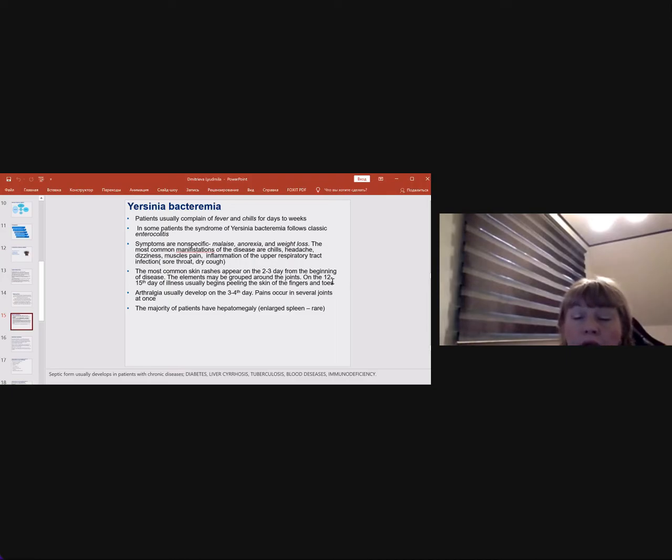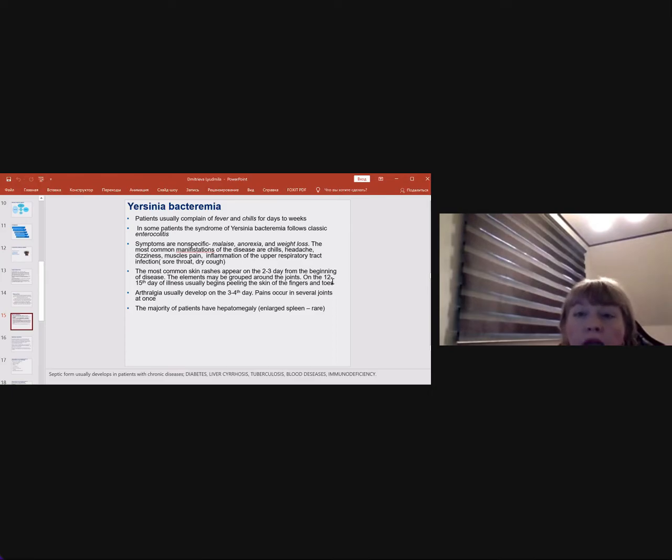In yersiniosis, what else? If we begin our treatment using antibiotics, jaundice decreases very quickly. But in acute viral hepatitis, if the patient has jaundice, antibiotics play no role in this process.